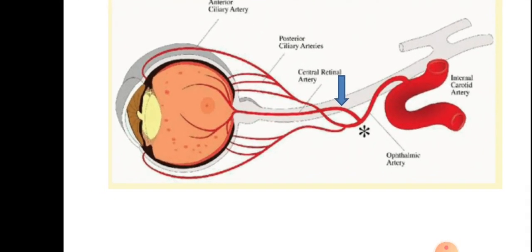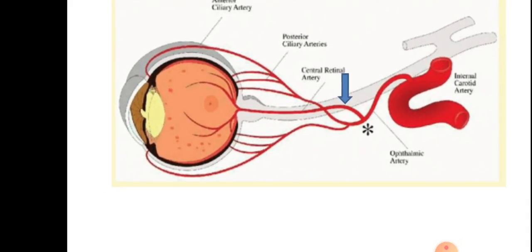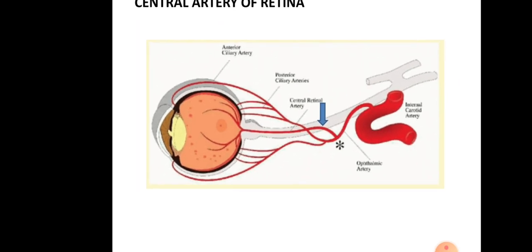This central artery of retina, it pierces the dural sheath and enters the substance of the optic nerve. It travels in the long axis of the optic nerve within the substance of the optic nerve and reaches the optic disc and supplies the posterior segment of the retina or eyeball.